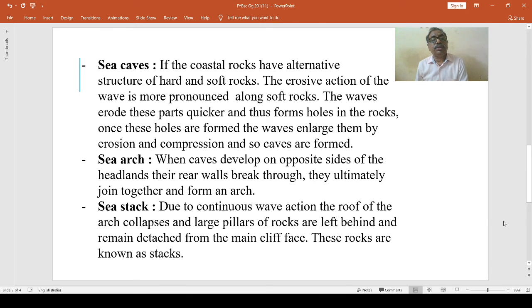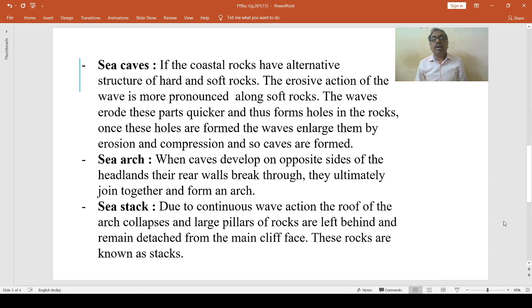Then sea arch. When caves develop on opposite sides of the headlands, their rear walls break through.